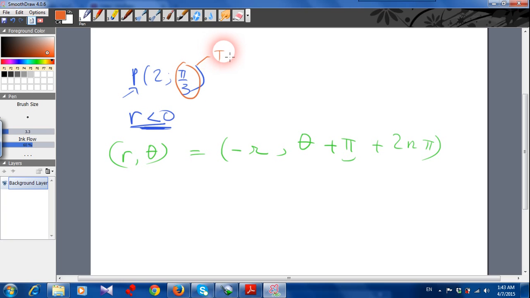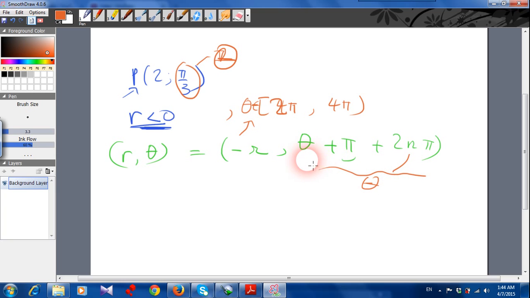This one is theta, and the question asks for 2π to 4π. Theta belongs to this interval. We need to find another angle so that this angle belongs to this interval.